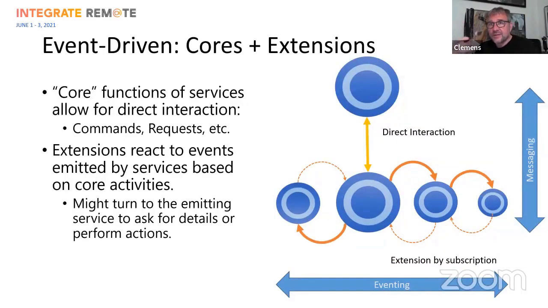And so that's the way we're looking at event-driven: you have a core service, and that core service or your microservices are interacting with each other with commands and requests. That's kind of Service Bus territory, or RPC territory, where one service is talking to the next service.